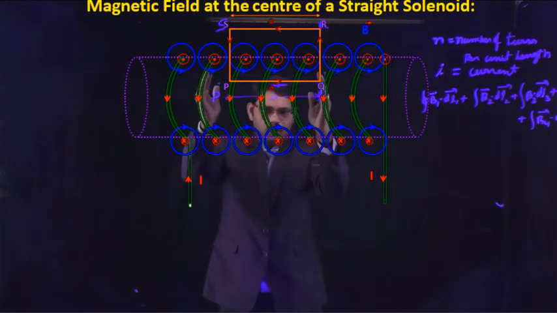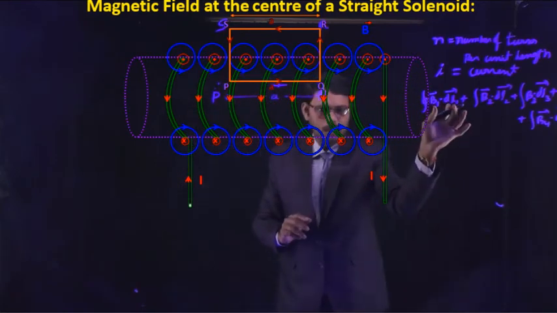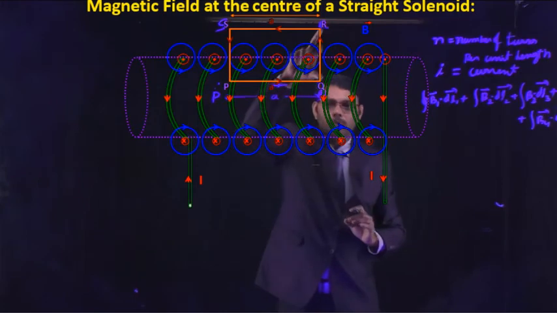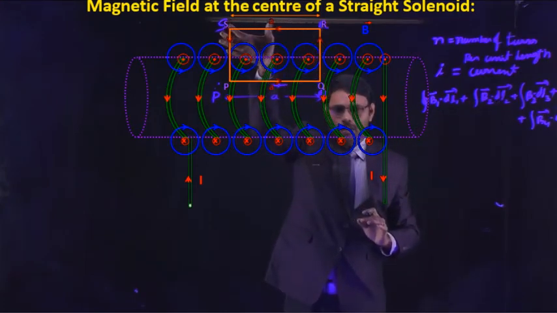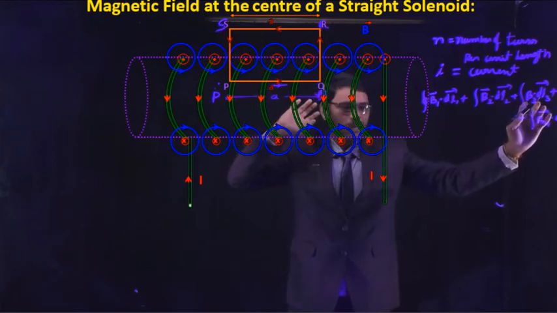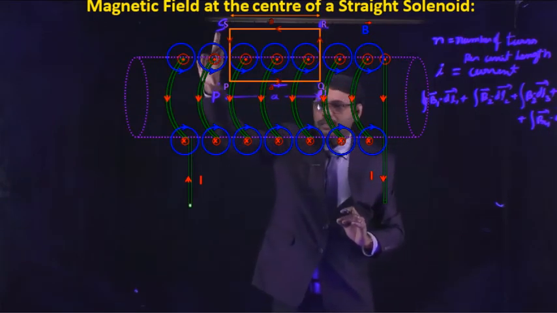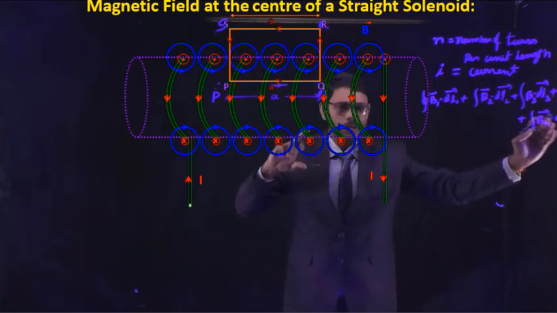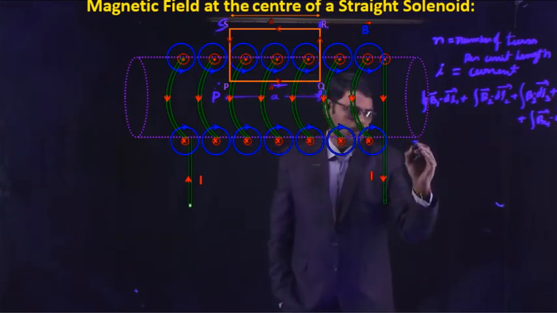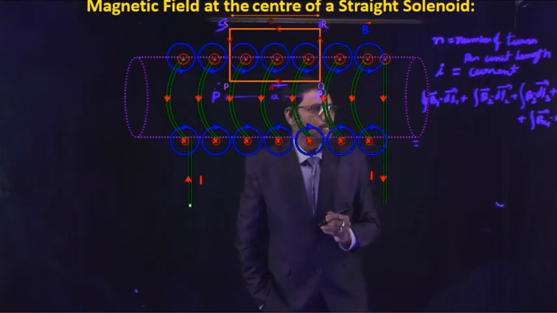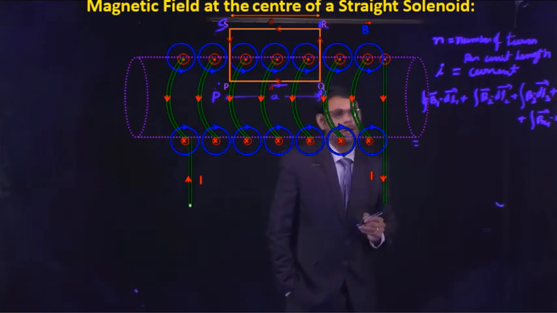So for the PQ part we write B1 dot dl1, for the QR part the integral of B2 dot dl2, for the RS part the integral of B3 dot dl3, and for the SP part the integral of B4 dot dl4. Now the first term is the integral of B1 bar dot dl1 bar.